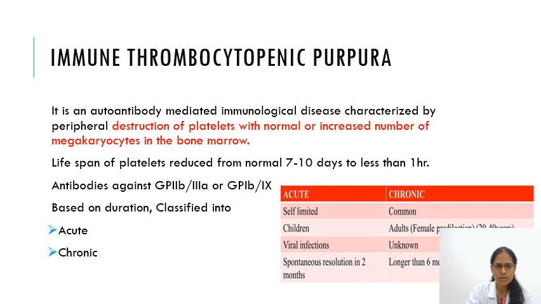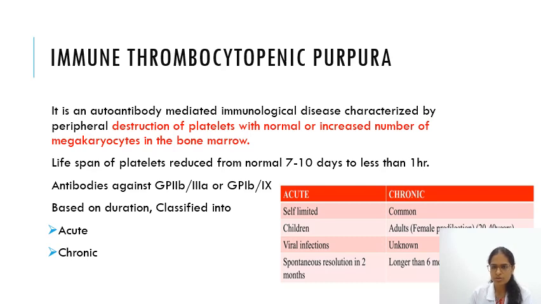The antibodies are formed against the GP2B3A complex, and based on the duration, ITP is classified into acute and chronic. Acute is mostly seen in children and they will have a preceding history of viral infections, and there is spontaneous resolution in 2 months. It is self-limited. Whereas chronic is mostly seen in adults.